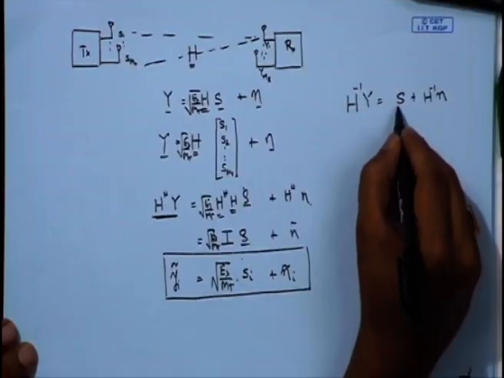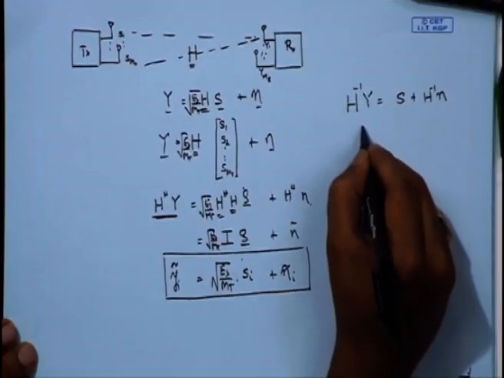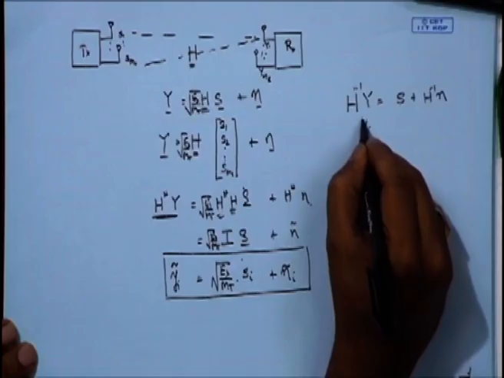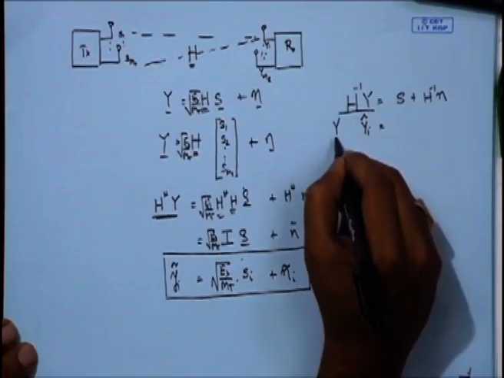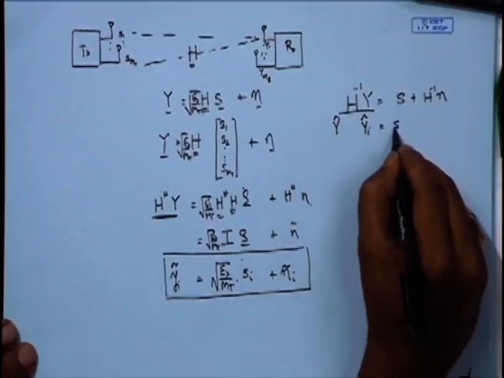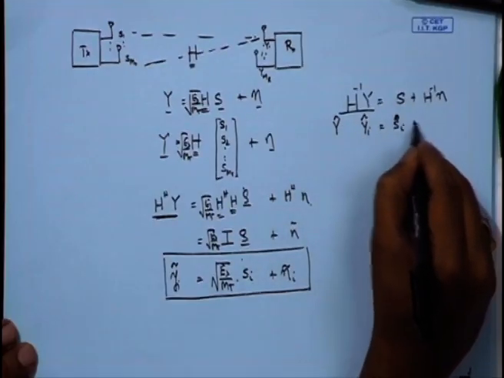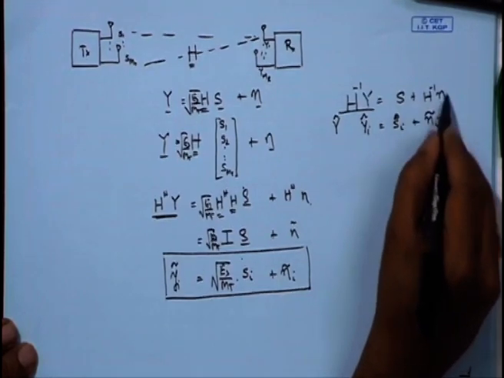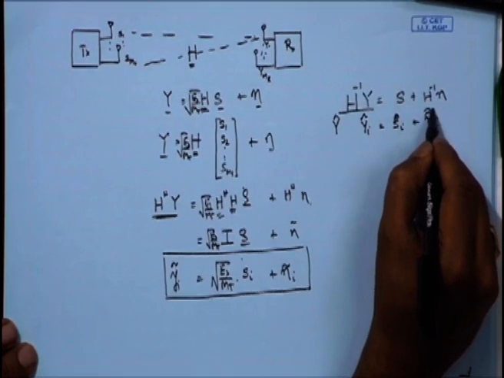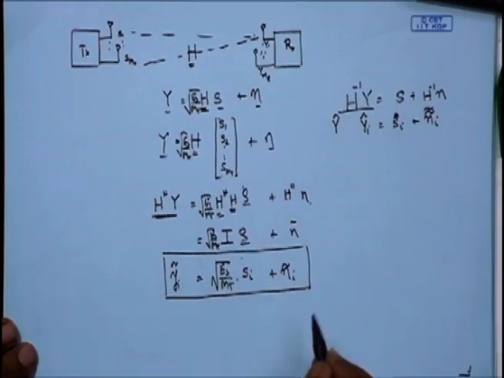Even in this, S is a vector. So basically we have y_i cap equal to S_i plus n tilde i, because this will again be a vector. Of course, this n tilde we can write as n double tilde, which is different from the one in the previous case.